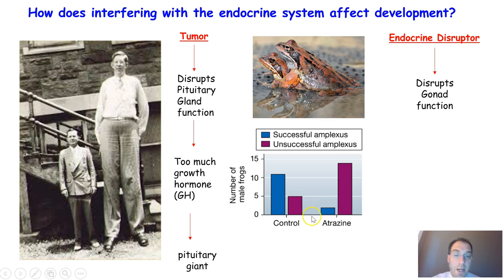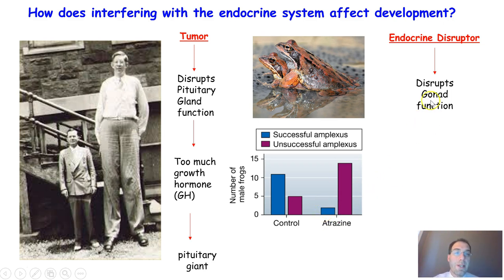When they compared frogs that had normal weight, very similar weight and genetic background, what they found was that in the presence of atrazine, there's a much greater increase in the number of male frogs that were unable to form an amplexus, and not only were more unsuccessful, fewer were of course successful.